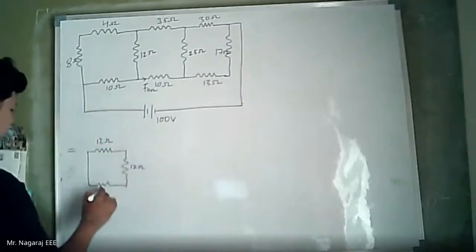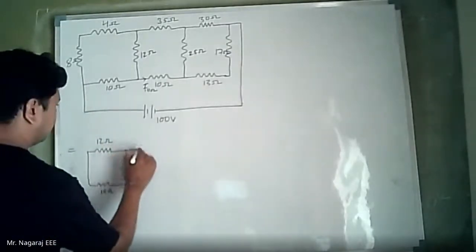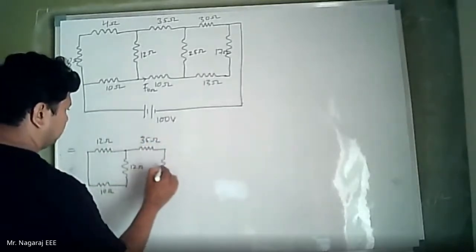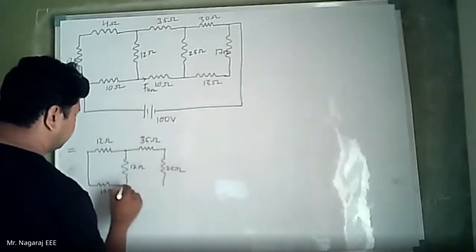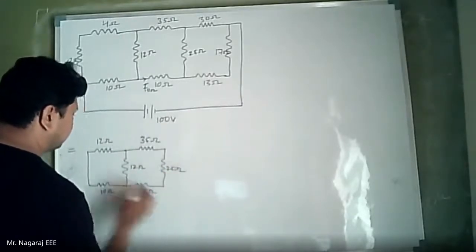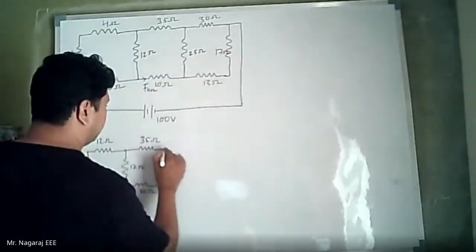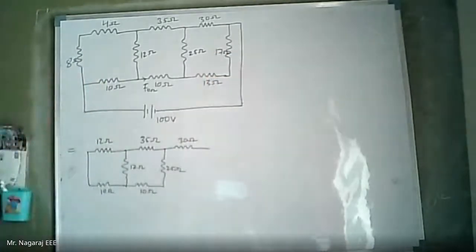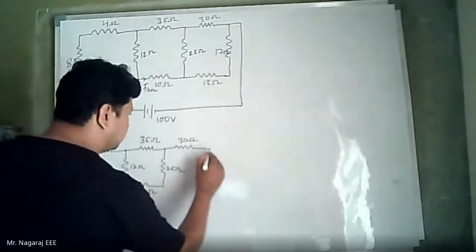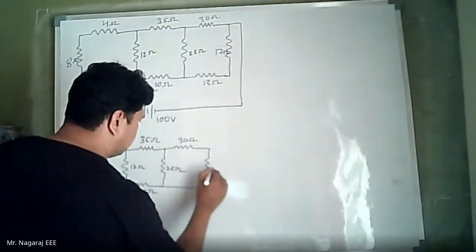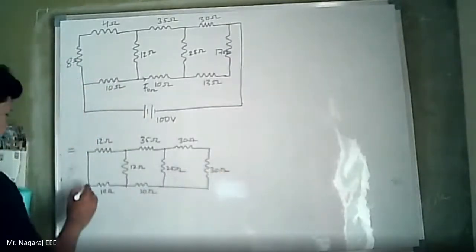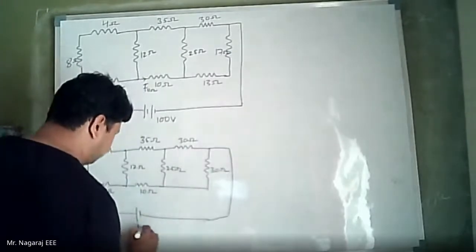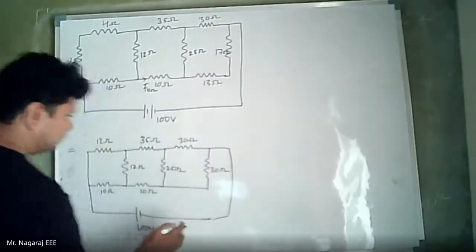This 12 ohms as it is, this 10 ohms as it is, this 35 ohms, this 25 ohms as it is, this 10 ohms as it is. Now here I have a 30 ohm resistor: 17 plus 13, these two are in series, so this will contribute 30 ohms. And this is connected to a supply of 100 volts.